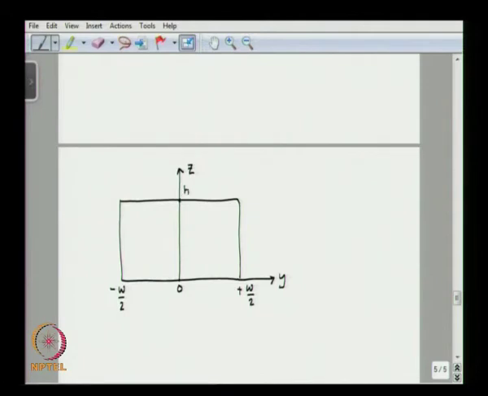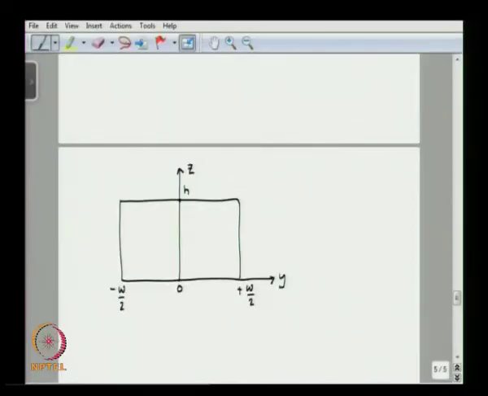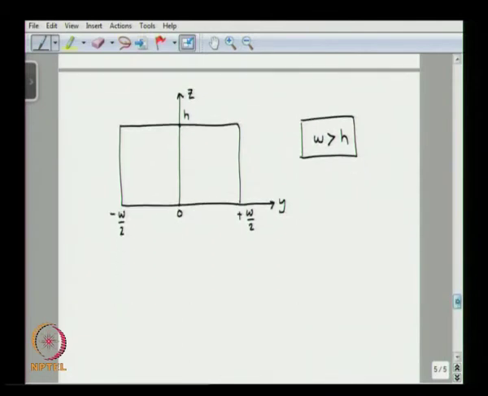So, we are talking about a rectangular channel which has width w and height h, and we assume that the height h is smaller than w. In a case where height is more than w, it is possible to rotate the channel and obtain the height less than w. So, we say that w is greater than h.